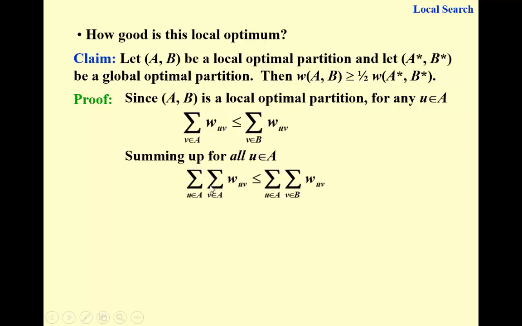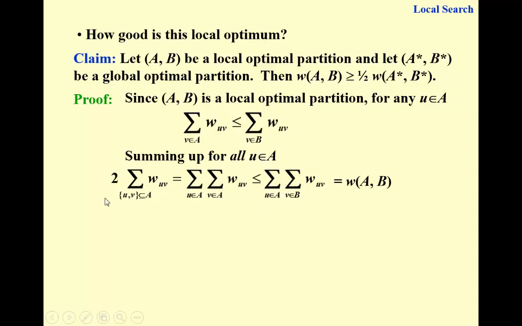And therefore, it can be simplified as 2 times the sum of all the weights for all the edges in A, all right? And how about that part? That part is exactly the definition of the weight of cut, right? So this is just W of A and B. And therefore, we get this inequality for all the nodes in A, right?